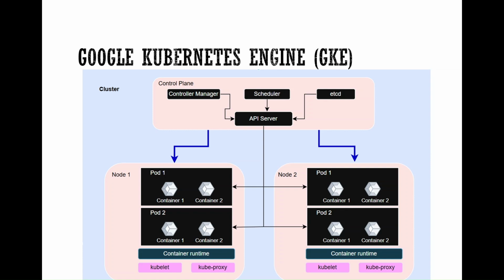Now coming to the containers. Containers are isolated environments, very lightweight, that run a single application, and all the dependencies required to run the application are pre-installed and pre-configured in that container. So the container doesn't have to look anywhere outside.